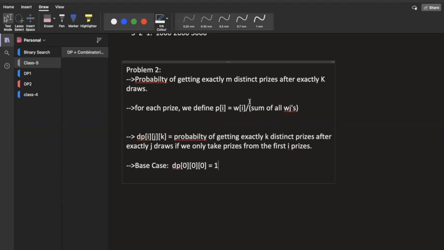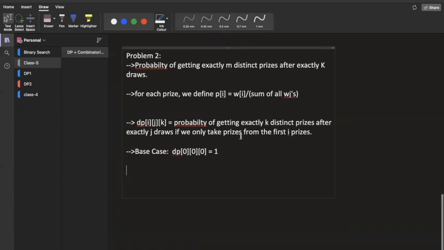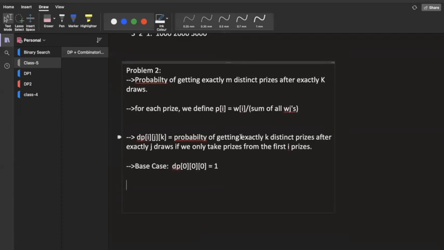Now let's look at the transitions. Generally we do a DP which is called pull DP. But today, to solve this problem, we are going to do something known as push DP. I'll write down both these terms and their definitions.